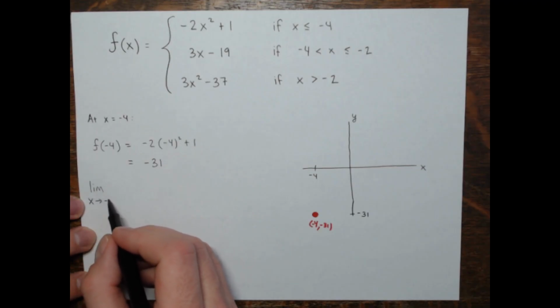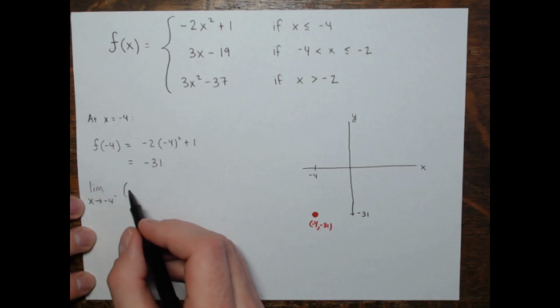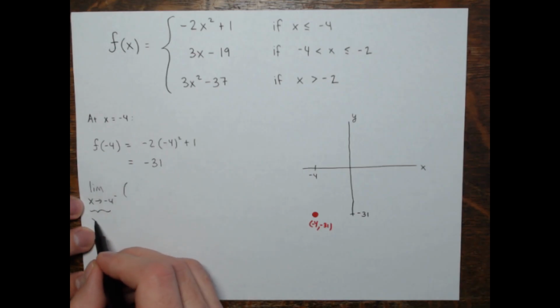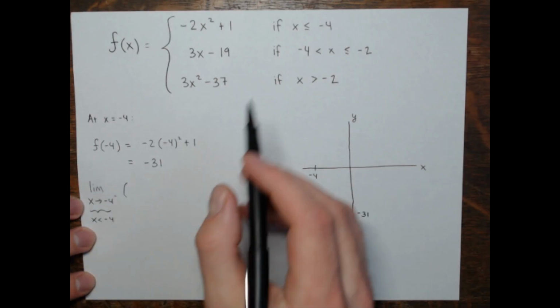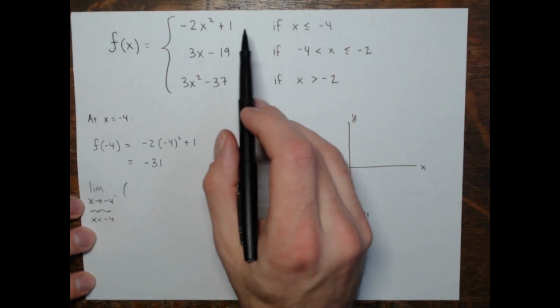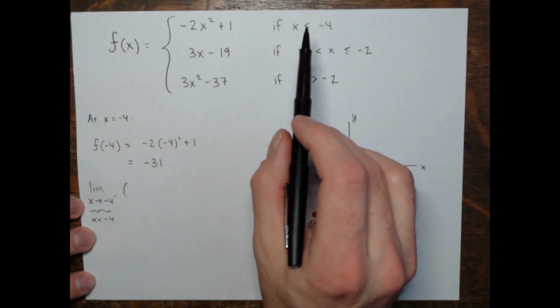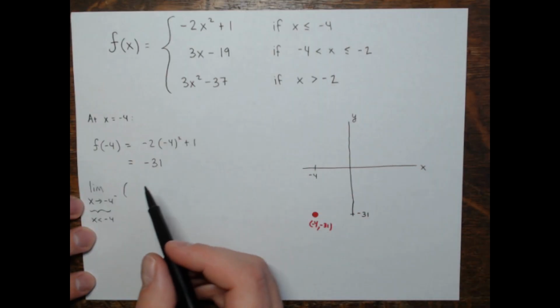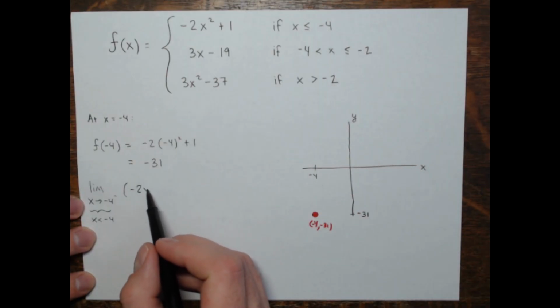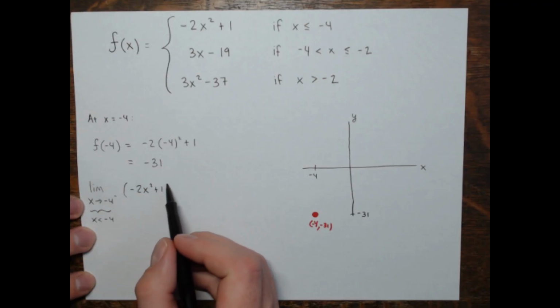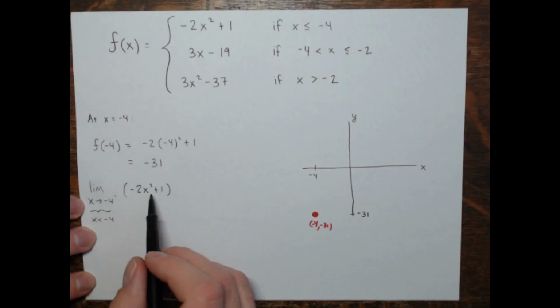So the limit as x approaches -4 from the left. Now this means x is less than -4, so that means I'm on the top piece. I'm going into this top expression, because this is where x is smaller than -4. So I'm plugging into this. This is one where I can just apply the limit laws and do a direct substitution here, because this is a polynomial.